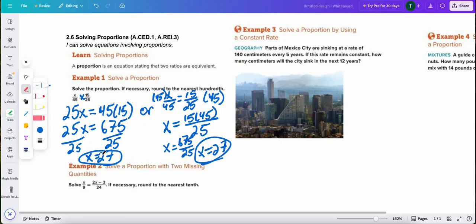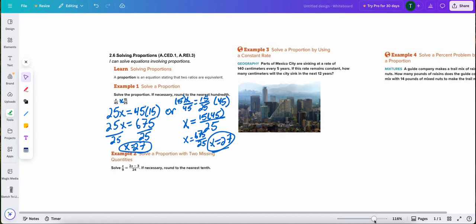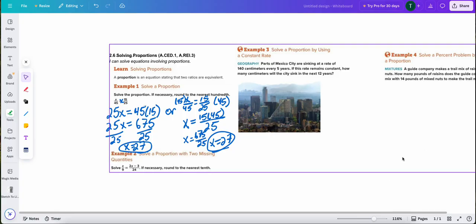Okay. So in example 2, we have an x on both sides. And not only do we have an x on both sides, but we also have to go through and try and get these terms by themselves.